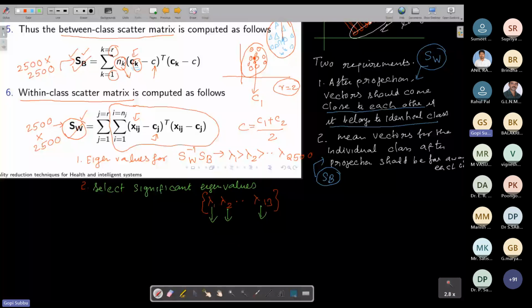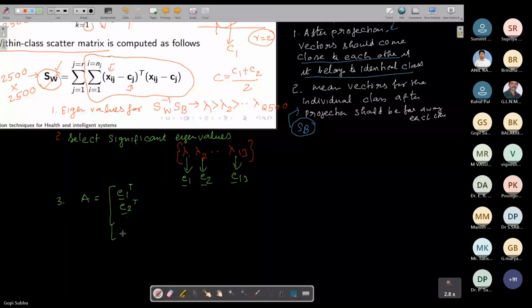Okay, right. So now you have to find out the eigenvectors for the individual eigenvalues like E1, E2, and so on up to E13. And then as usual, you need to construct the matrix A with all the eigenvectors arranged row wise, corresponding to the significant eigenvalues, so that this dimension is going to be 13 cross 2500.